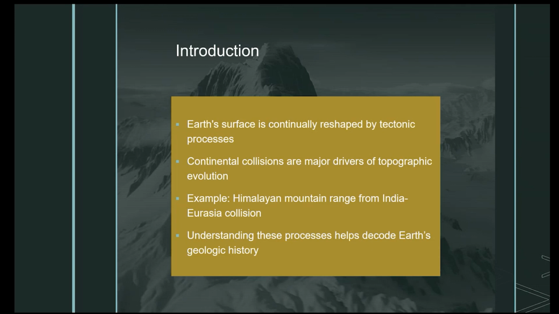One of the most dramatic examples of this is collision between continental plates, which reshapes the topography and builds mountains. A key case is the formation of the Himalayas due to the India-Eurasia collision. Understanding these processes is vital for interpreting Earth's history and especially for anticipating geohazards.